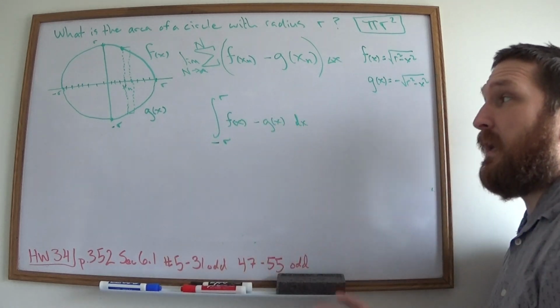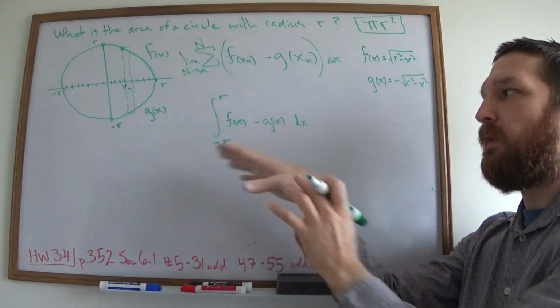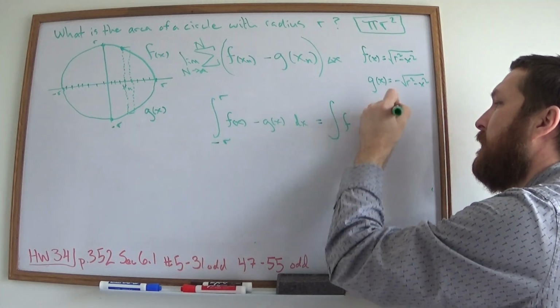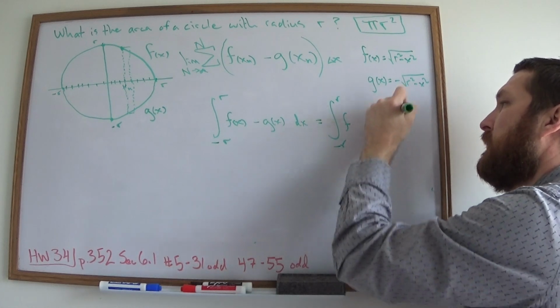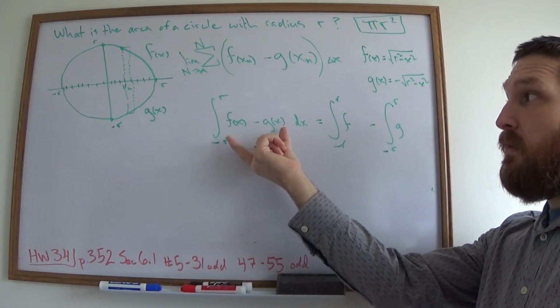Now, it might be the case that, of course, if you have two functions, you could split them up into two integrals. This is absolutely 100% equal to f minus g over the same whatever. That's always going to be true. But it might be the case that these things cancel out, right?